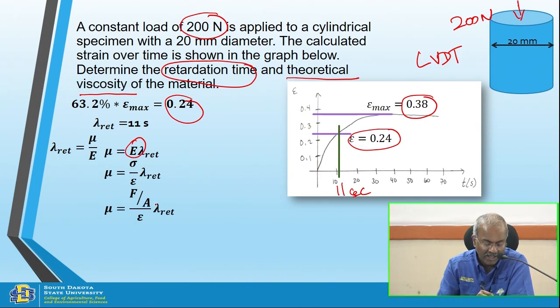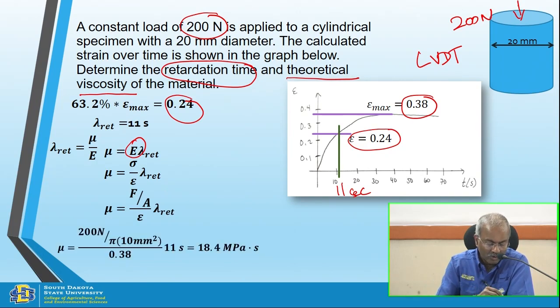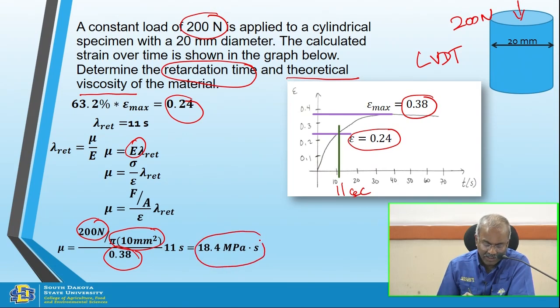So force over A divided by strain times retardation time. So 200 newtons divided by pi r square, divided by the maximum strain 0.38, times 11 seconds. The final value is 18.4 megapascal times second.